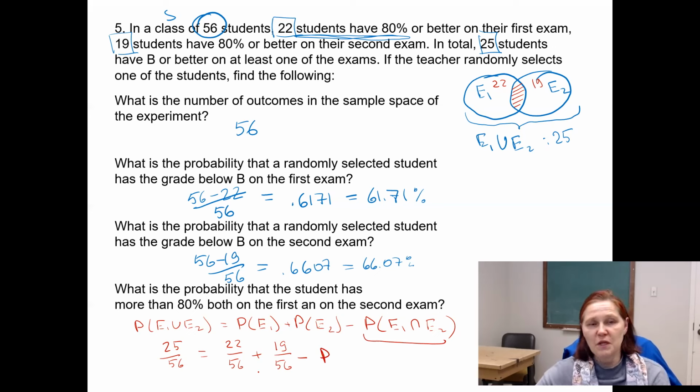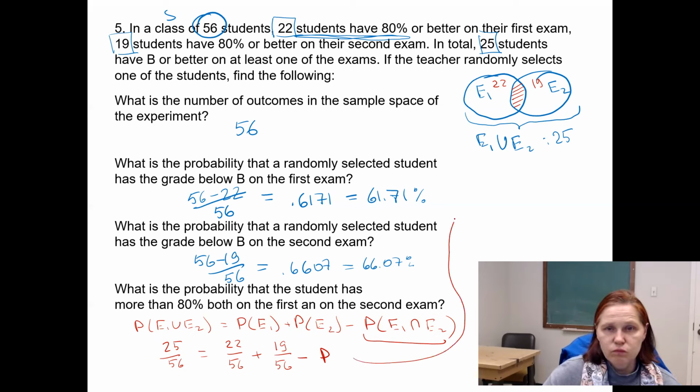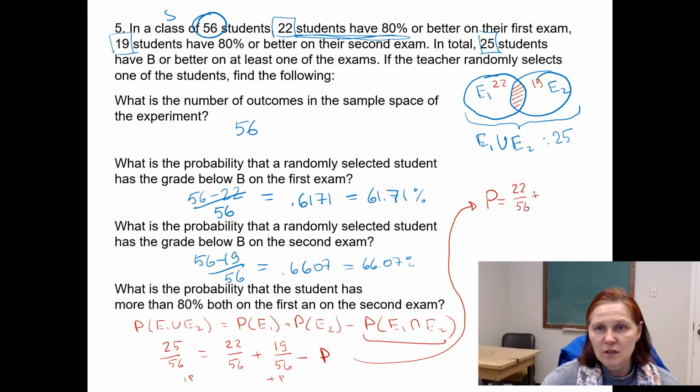Let's call it just P, and we have to solve this formula for P. You can use these numbers as decimals, or we can add P to the left and to the right, and subtract 25 over 56 from the left and from the right, and we get that P equals 22 over 56 plus 19 over 56 minus 25 over 56.